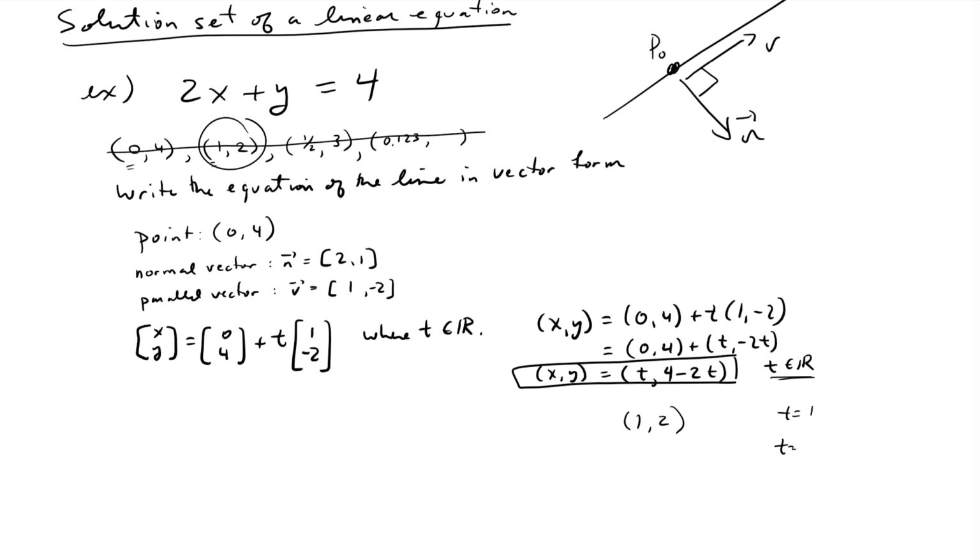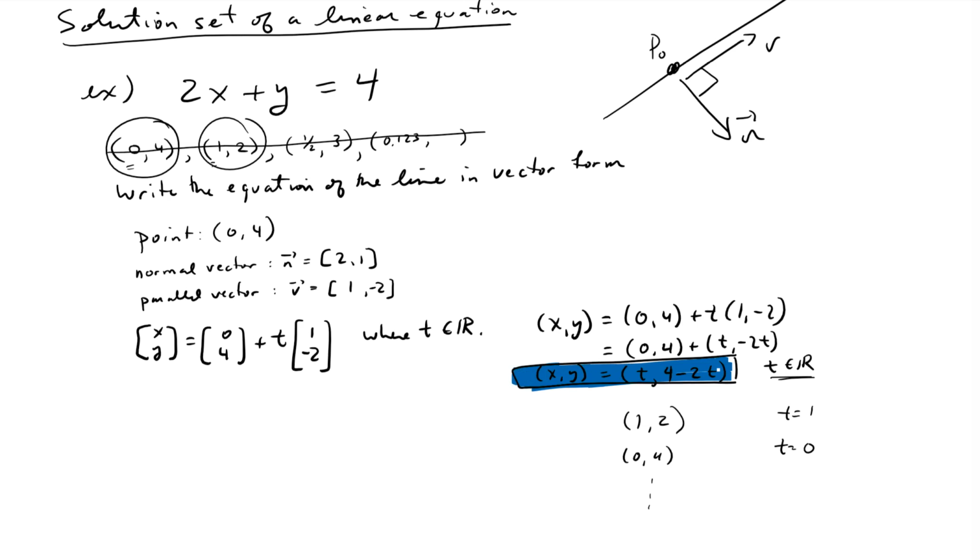If I set t equals to 0, I get (0, 4), which was this point over here. And I can list them all. So in some way, by writing this, I'm listing all the points, but in a very efficient way. So the reader can just generate all the points that he wants by assigning all the real values to t.